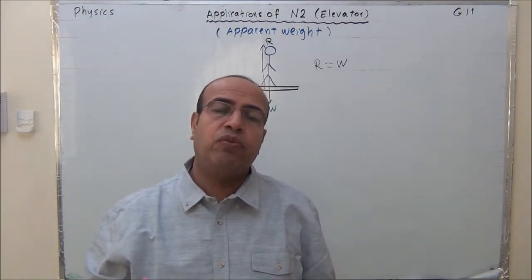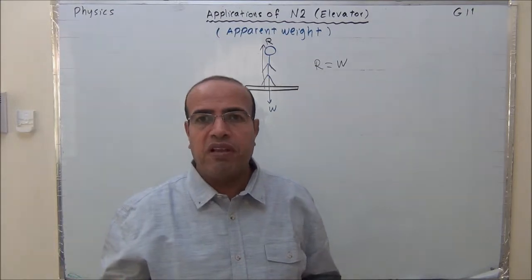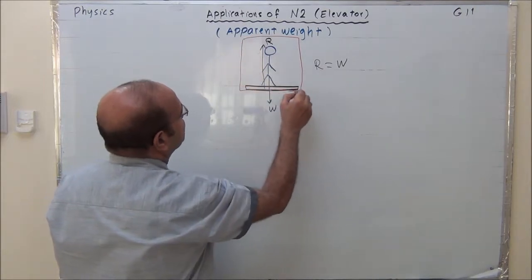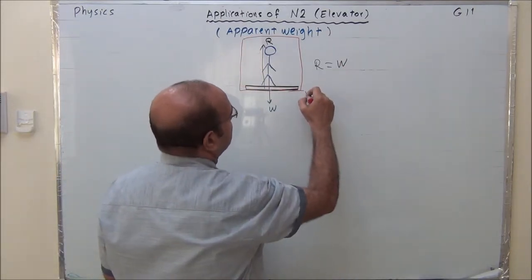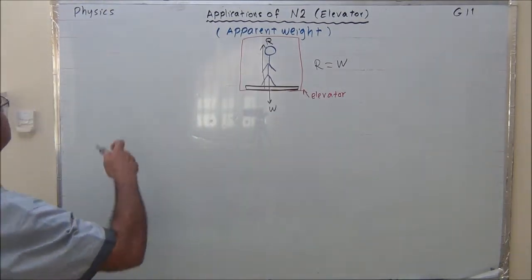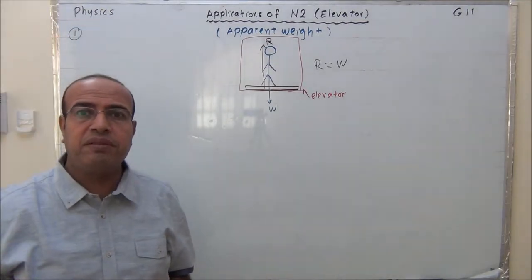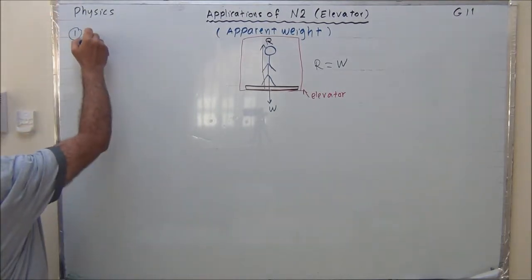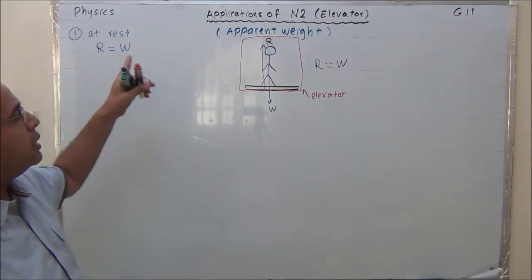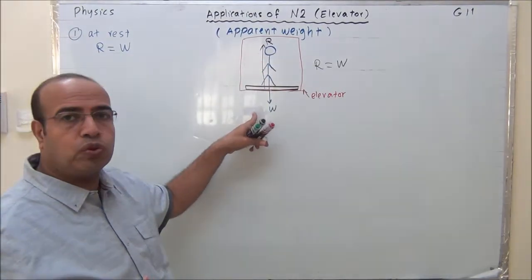Now, if we take that weighing machine and put it on the floor of an elevator, we have four cases. First case, when the elevator is at rest, the normal contact force equals the true weight.